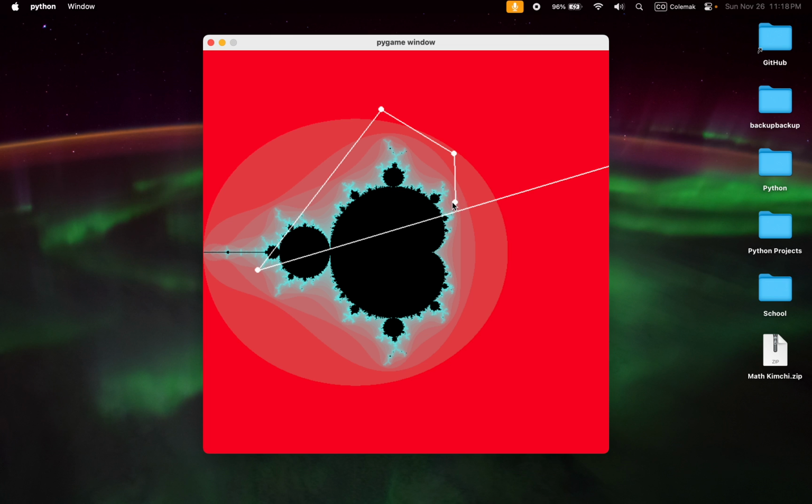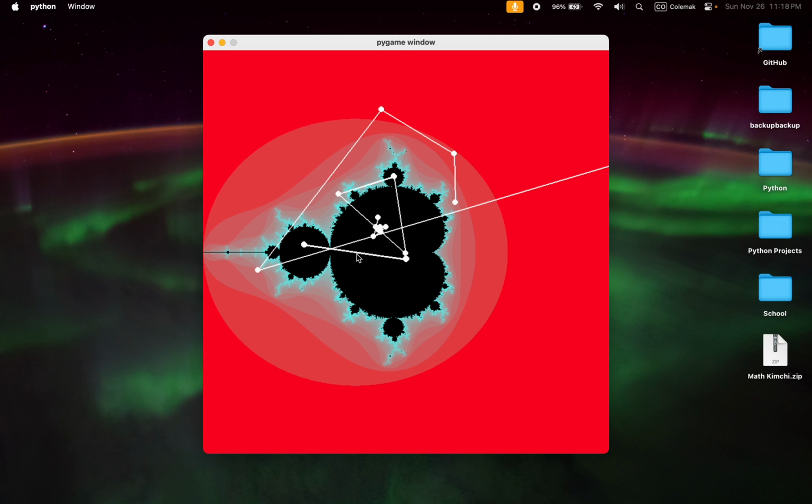For that sequence, we're trying to see if it ultimately goes unbounded and off to infinity, or, unlike these blue and red points, if it just stays finite.